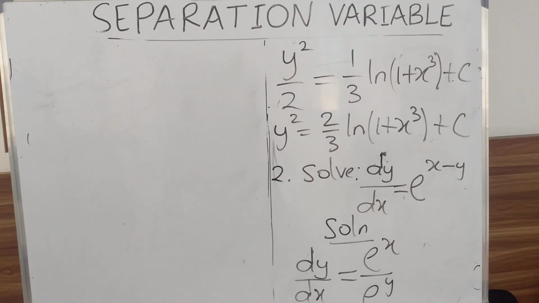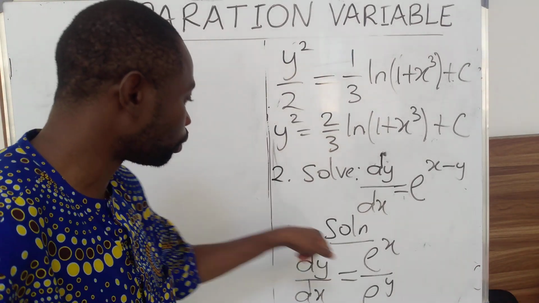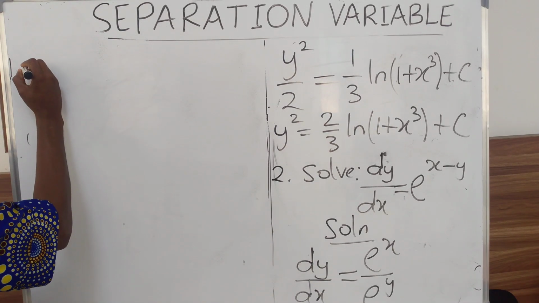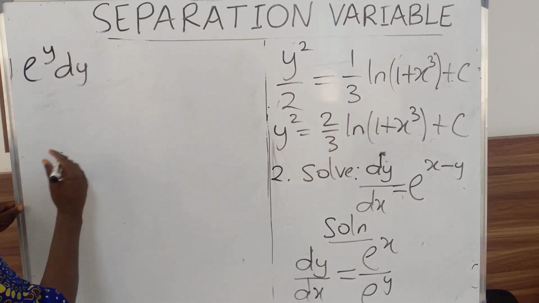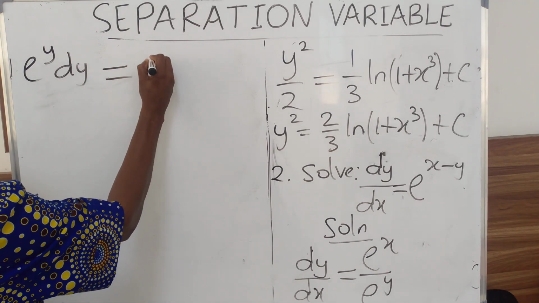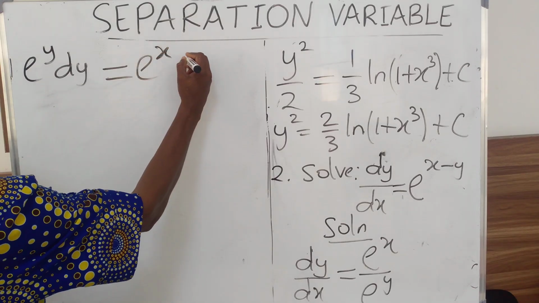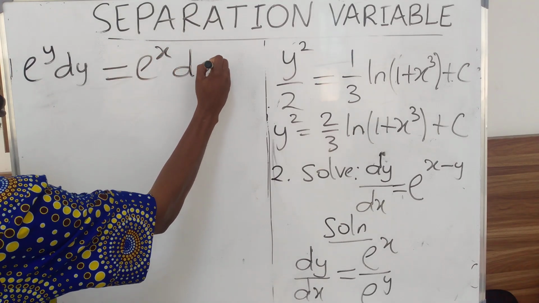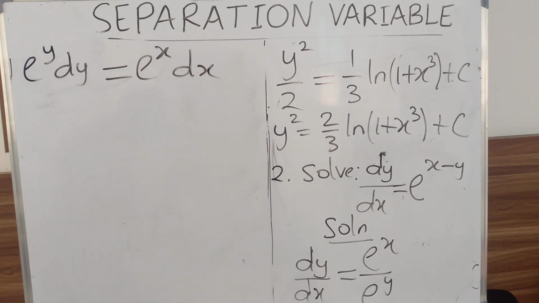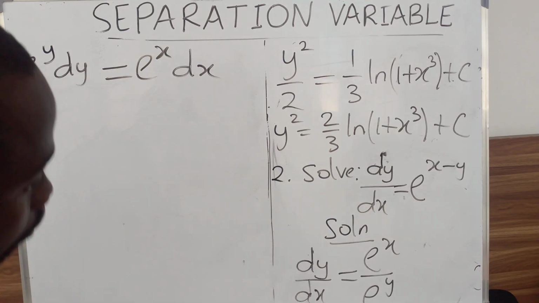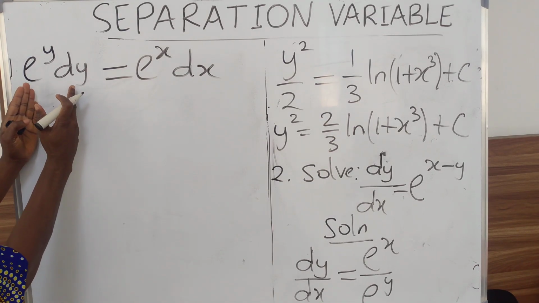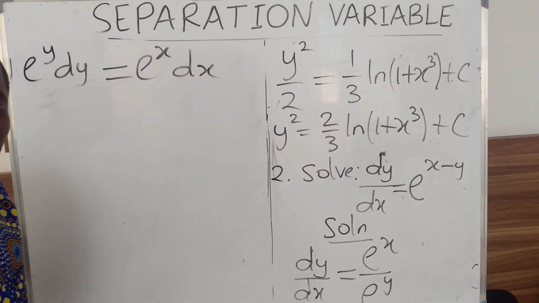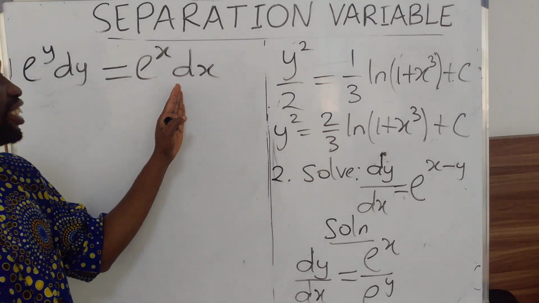The next thing is to do cross multiplication. We're going to have e to the power y dy is equal to e to the power x dx. So you can see that the y variable is now separated from the x variable.